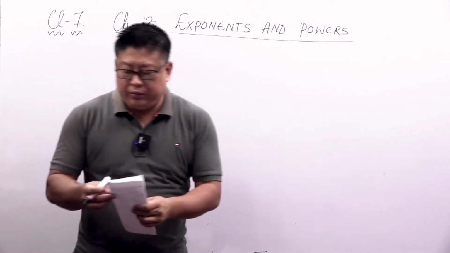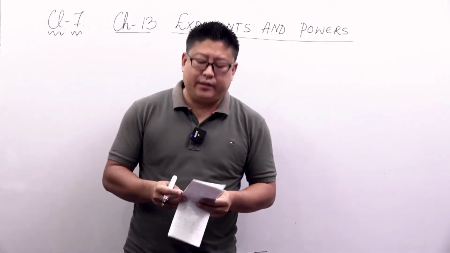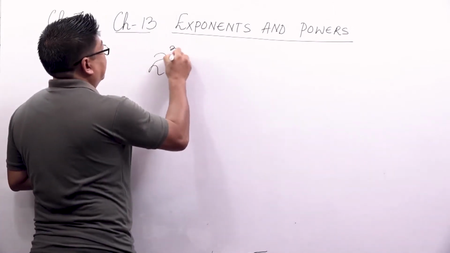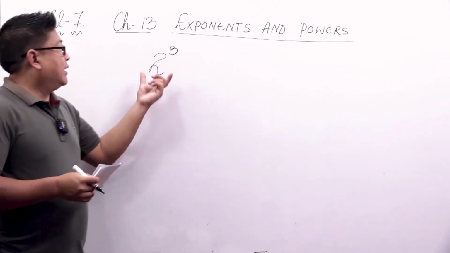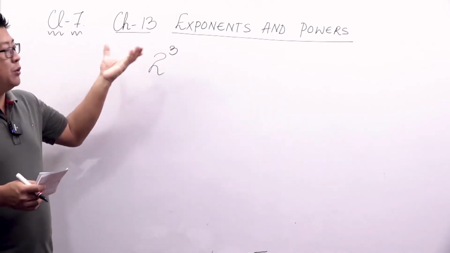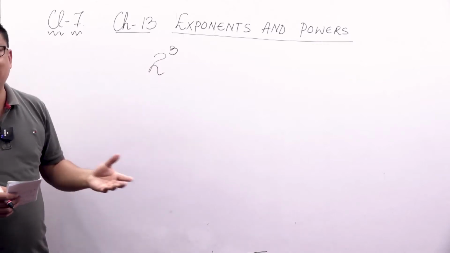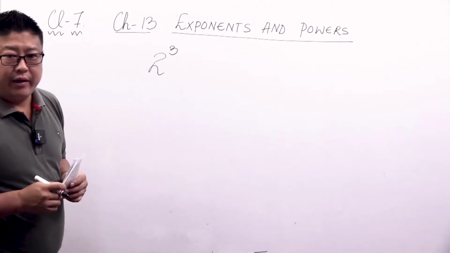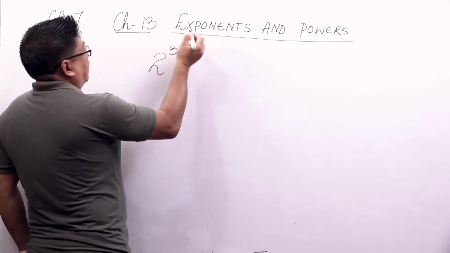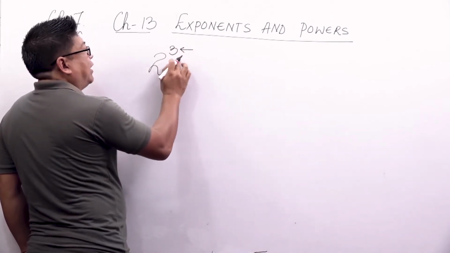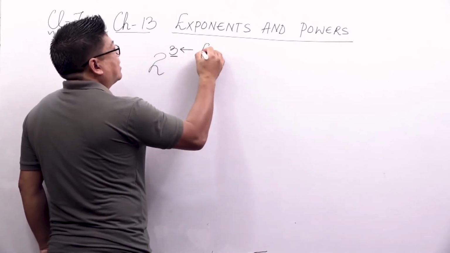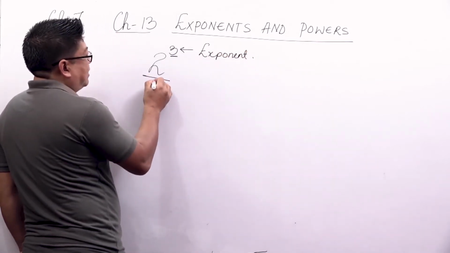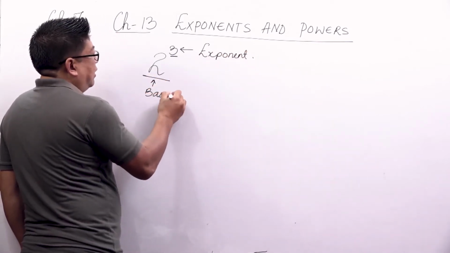So till date we have learned about different expressions like this. This is an expression which we will be studying thoroughly in this class. This is read as 2 to the power 3. The number 3 on top is called your exponent, and this is called your base.